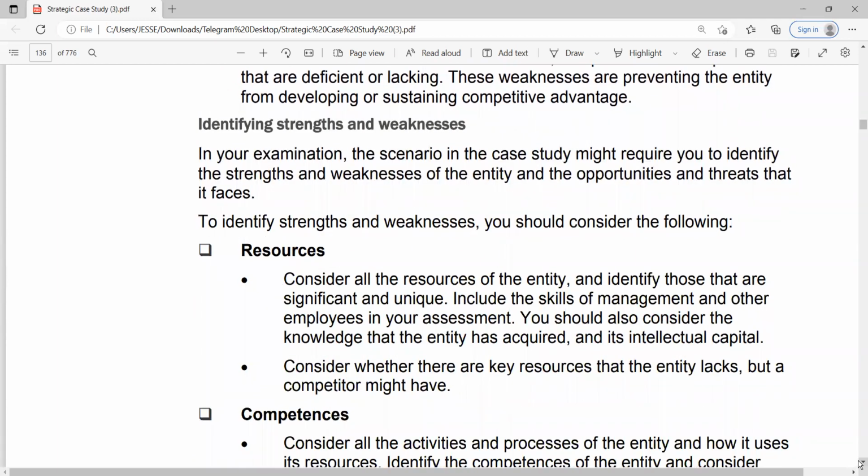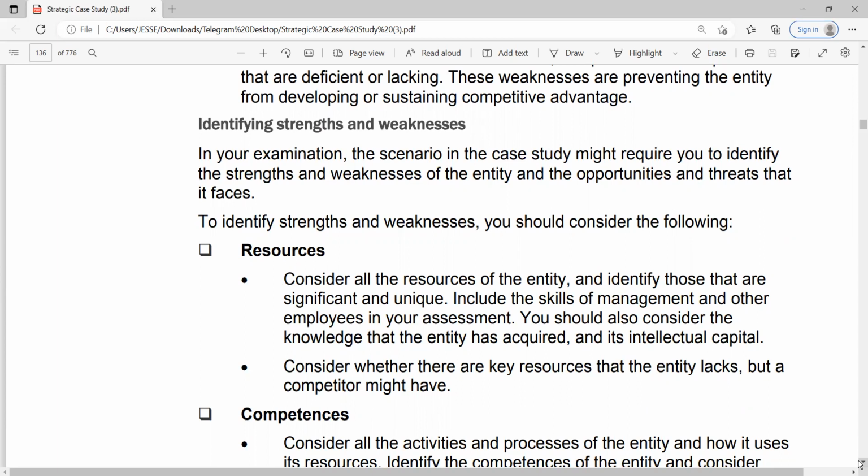Now take note of this. In your examination, the scenario in the case study might require you to identify the strengths and weaknesses of the entity. So in a typical exam, you might be asked to identify strengths and weaknesses.